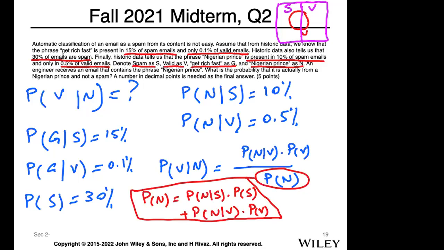The probability of V is 1 minus the probability of spam. The probability of spam is 30%, therefore the probability of V is 70%.